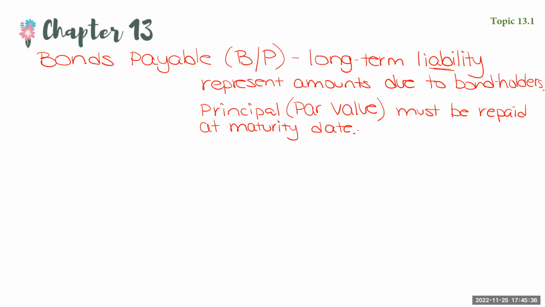Okay, so there you have your definition for bonds payable, amounts due to bondholders. Principal on the bond, called par value, must be repaid at maturity date. Interest will be paid, okay? Interest on corporate bonds is paid semi-annually, or 2 times a year.